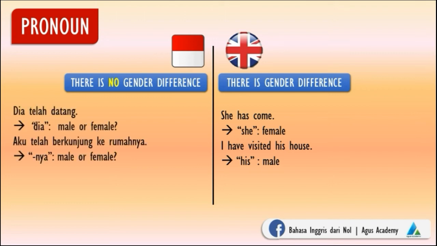We cannot find this gender difference in Indonesian sentences like dia telah datang. The word dia, we cannot see whether this is male or female. It's not clear, unless we add more sentences after that. Aku telah berkunjung ke rumahnya. The word nya also, the possessive -nya, is not clear, referring to a male or female person.